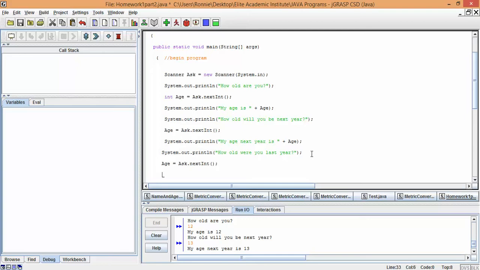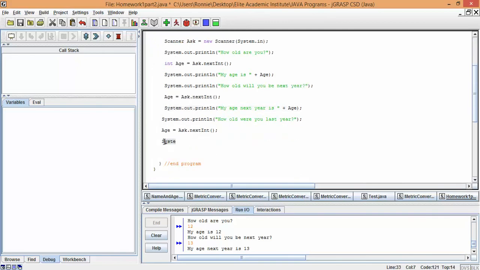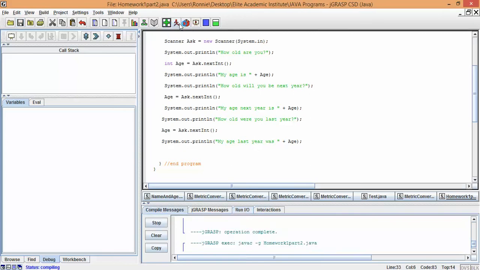Okay. System. My age last year was. Compile.